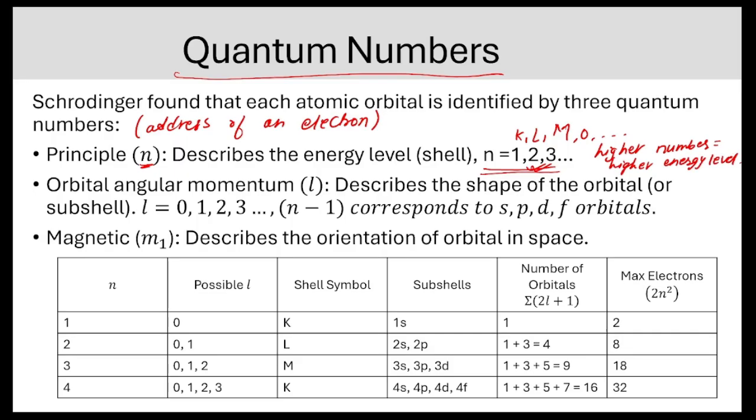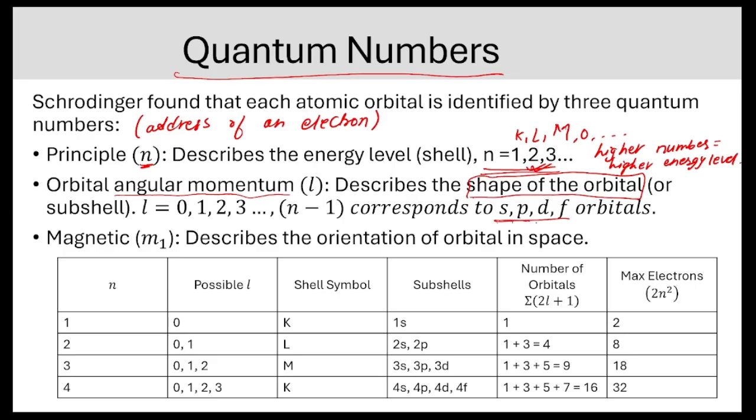Then we have angular momentum, generally represented by the letter l. This quantum number describes the shape of the orbital and is generally represented by the letters s, p, d and f.